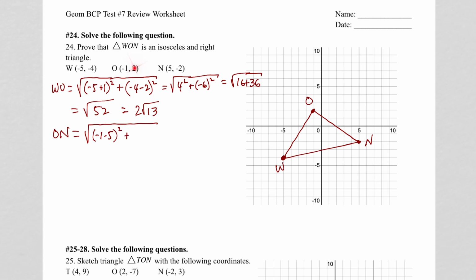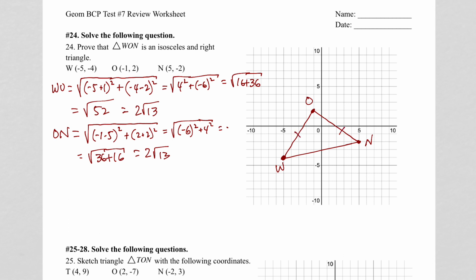Plus the difference of the y's squared. 2 minus -2 is 2 plus 2, which is the square root of -6 squared plus 4 squared, which is, well, let's write it down here, I'm running out of room, which is the square root of 36 plus 16. We already know that the square root of 36 plus 16 is going to simplify to this. So we can see that WO is congruent with ON. Therefore, this is an isosceles triangle. So I can do this.